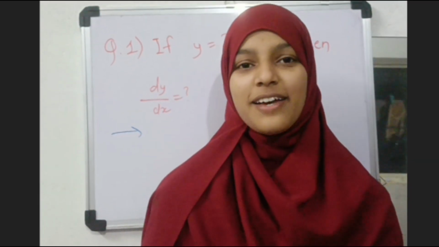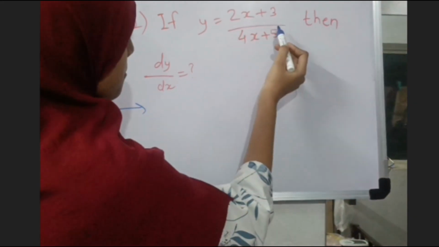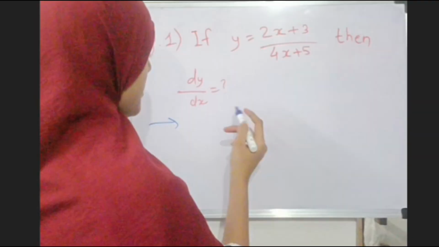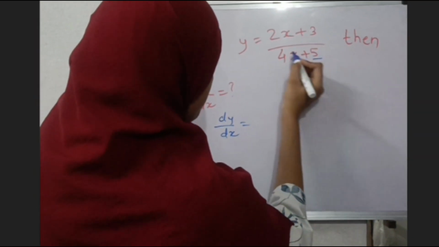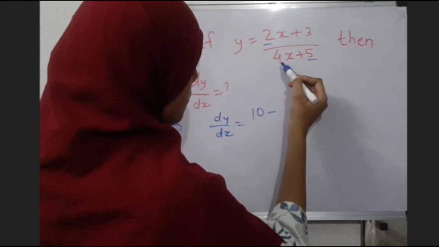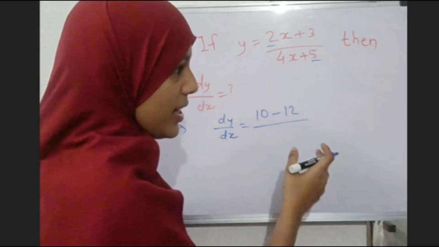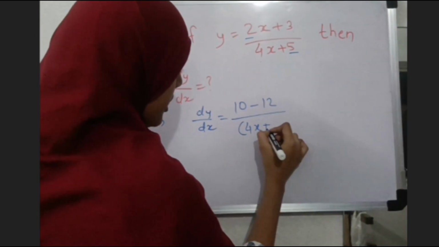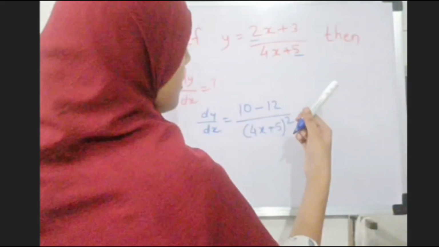So let's move towards our next question. Here we have, if y is equal to (2x plus 3) divided by (4x plus 5), then we have to find dy by dx. So we know dy by dx will be the multiplication of a and d, that is 2 into 5, that is 10, minus the multiplication of these two, 3 fours are 12, that is 10 minus 12, divided by the square of the denominator, (4x plus 5) whole square, multiplied by f dash x.